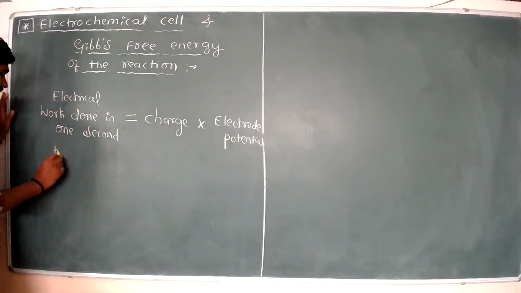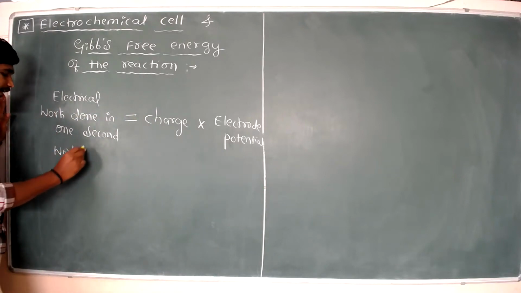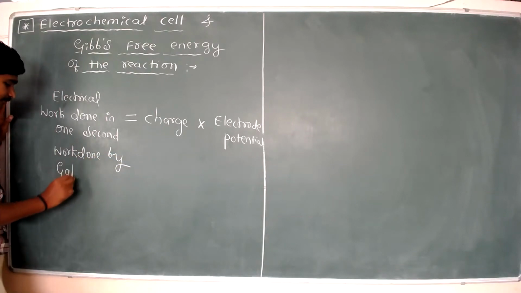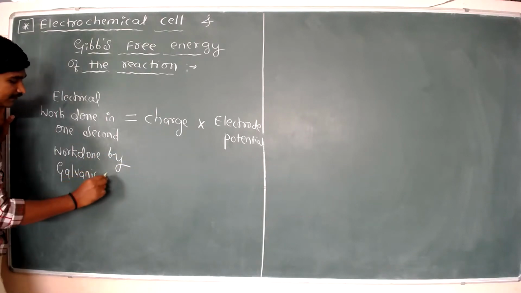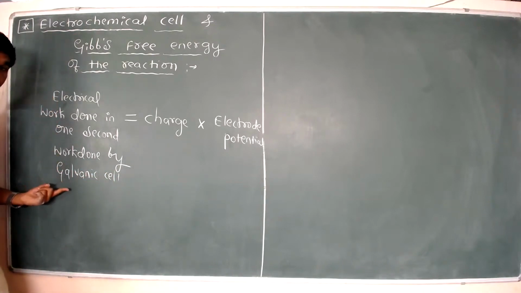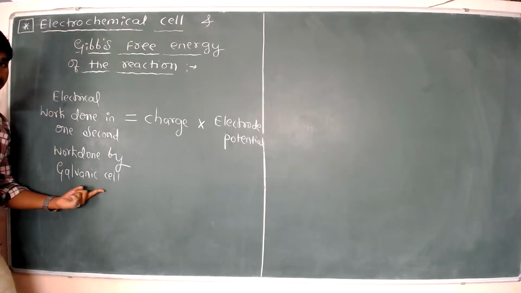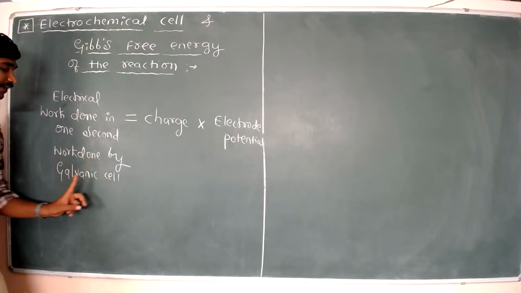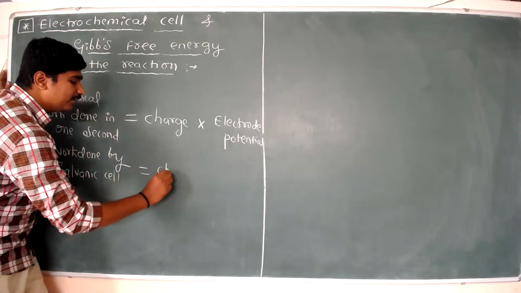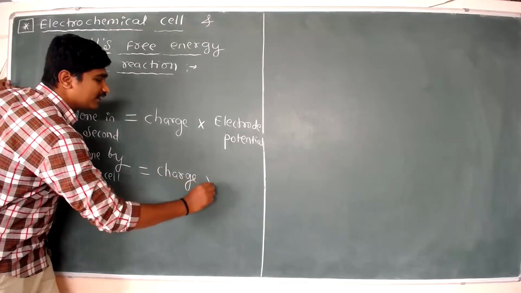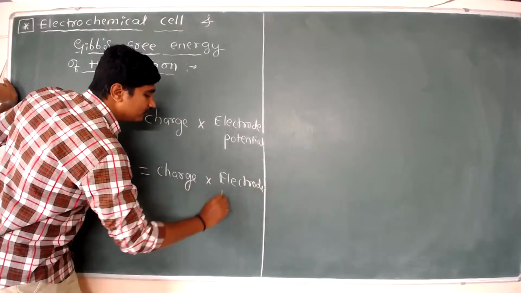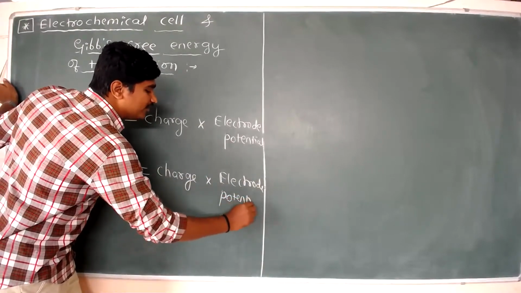Electrochemical cells are also called galvanic cells. Therefore, the work done by the galvanic cell in 1 second can also be calculated using the same formula, charge into the electrode potential.